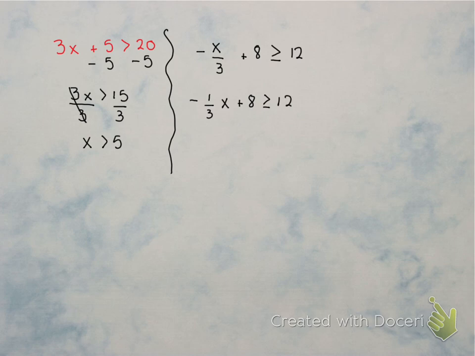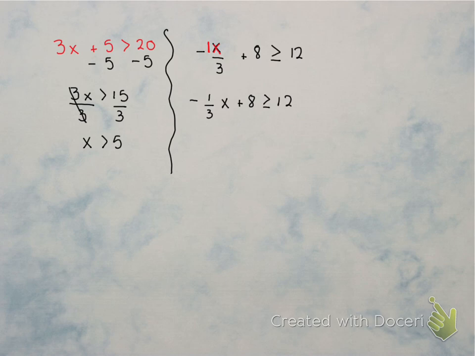So we'll start with the rewrite, because if you look up in the original statement, we actually do have a 1x there. You just don't see the 1 because it's not necessary to put the 1 there. However, rewriting it as negative 1/3 x is going to help us in determining what we need to do to get this inequality solved, okay?